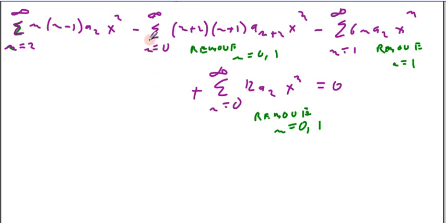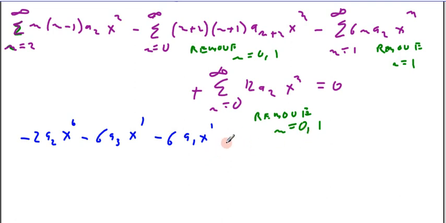Okay, so we'll remove n is equal to 0. 2 times 1, a2. So minus 2 a2 x to the 0. We're removing the 1 term. 3 times 2 is 6, minus 6 a3 x to the 1. Removing the n is equal to 1 term, minus 6 times 1 a1 x to the 1.